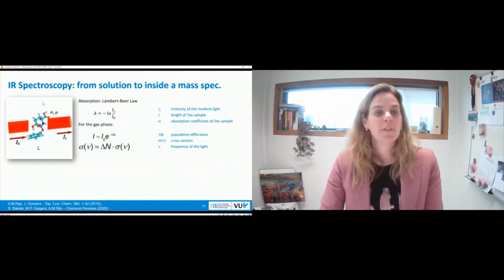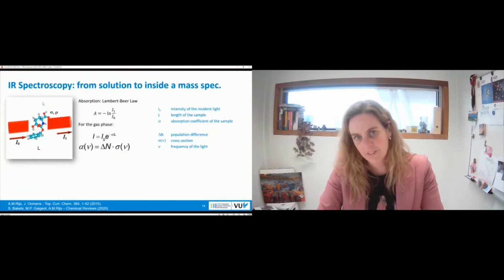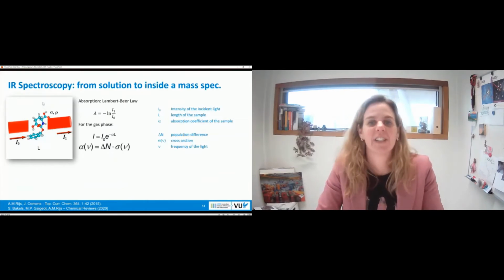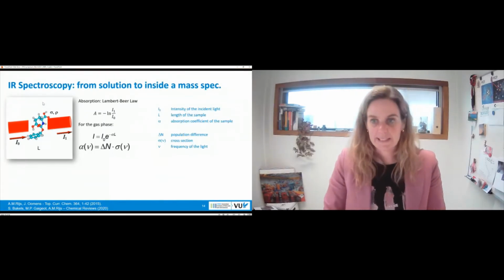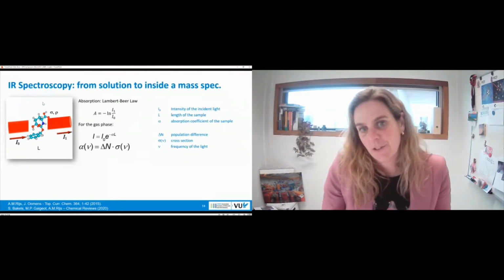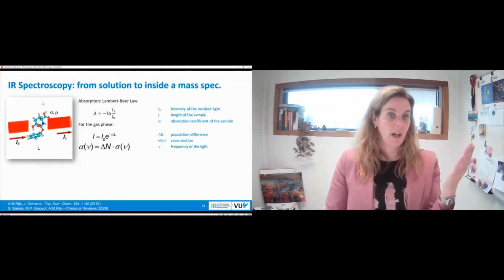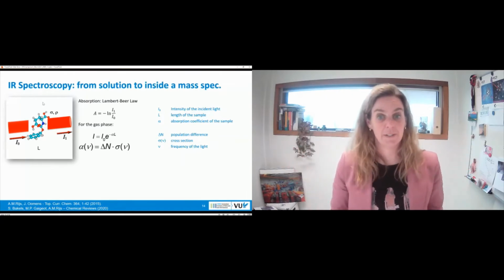Things change a little bit when we go to the gas phase. First, we write the equation slightly differently. We talk about population and cross-sections rather than extinction coefficients, but they more or less mean the same. We still have the same Lambert-Beer formula. We compare the intensity after the interaction and the intensity before the interaction of your light source.